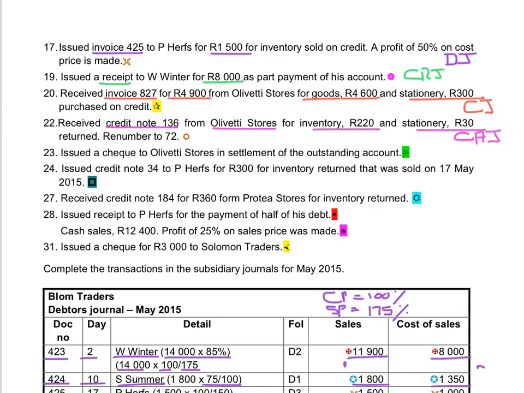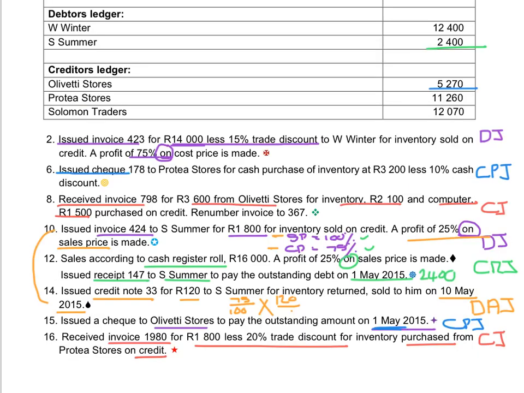Issued a check to Olivetti in settlement of the outstanding amount. If we issue a check, it means that we pay out money, so it will be recorded in the cash payments journal. To determine what is the amount we owe them, we first of all have to look at the opening balance of Olivetti Stores. The opening balance was 5,270.